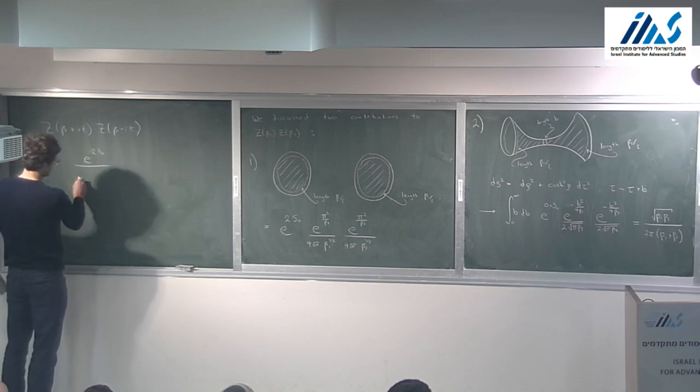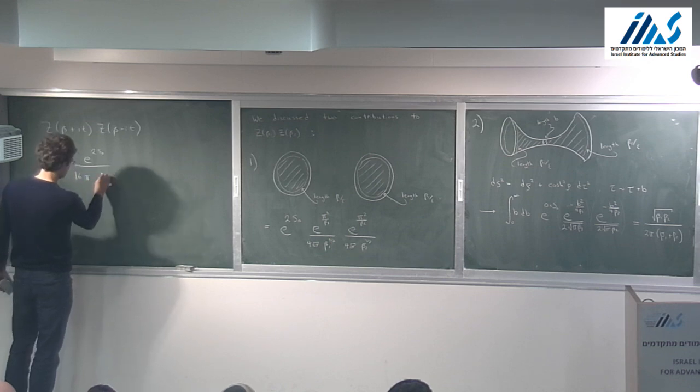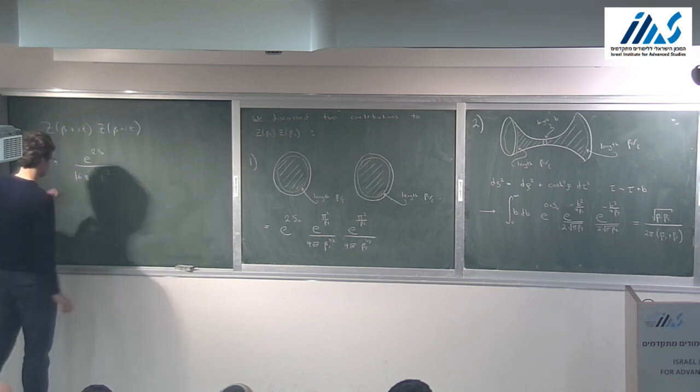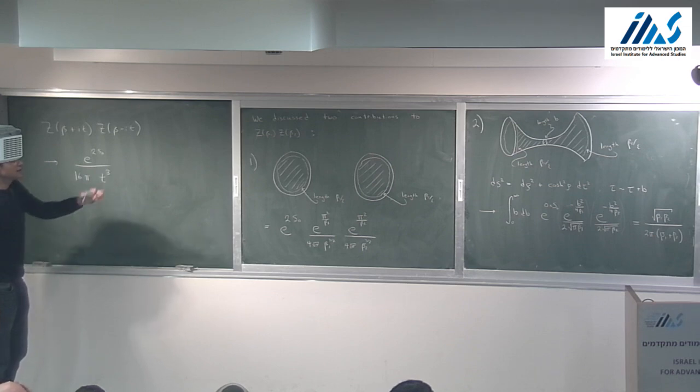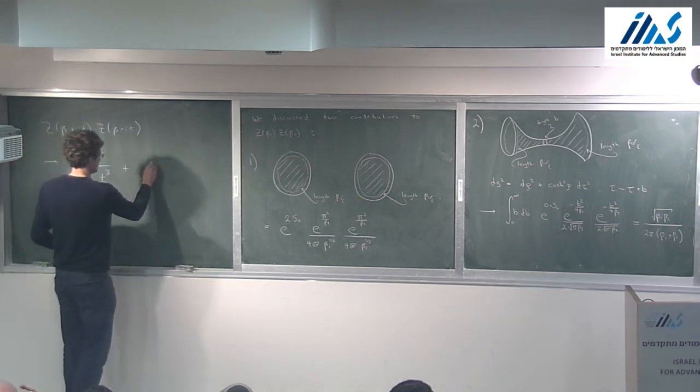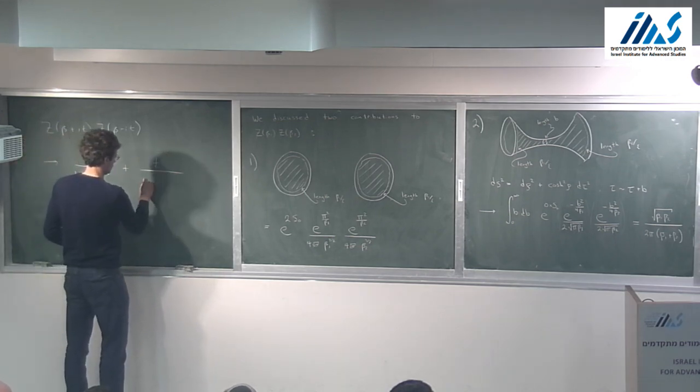For large t, we get a 16 pi, this factor doesn't matter for anything, times t cubed. This we had already discussed yesterday. It gives the initial slope region. And it's related to the fact that the density of states of this theory vanishes like a square root of energy at low energies.